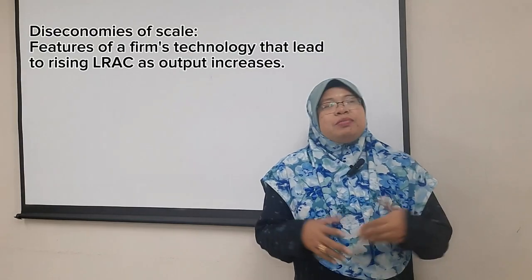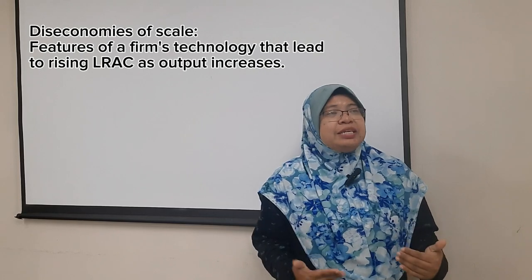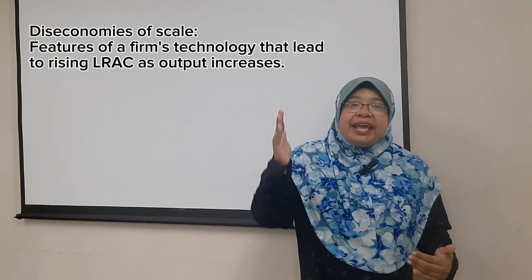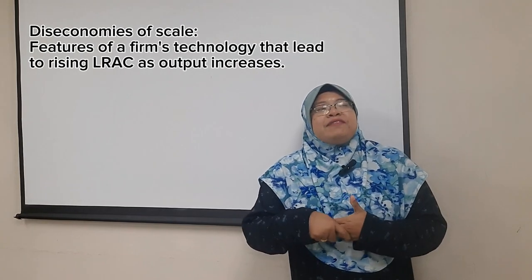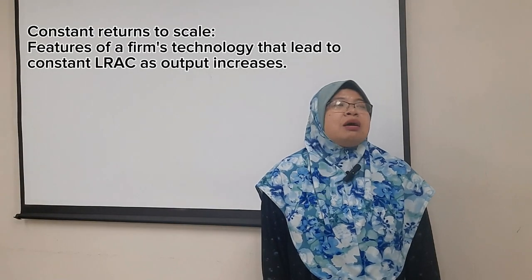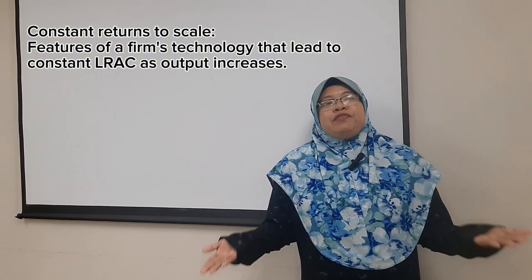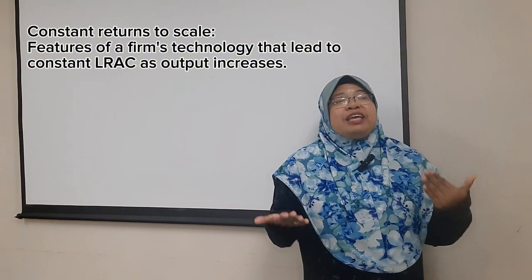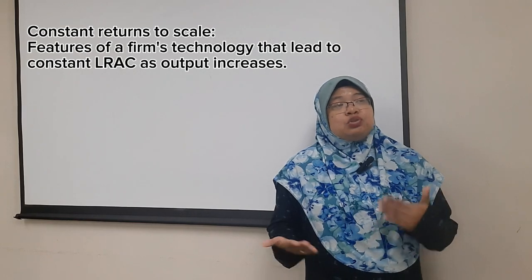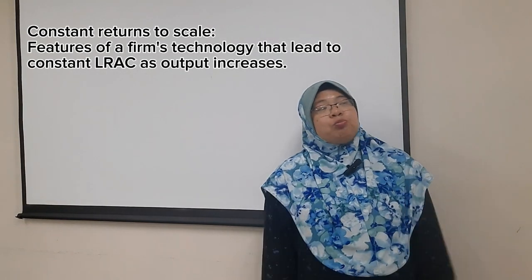And diseconomies of scale are features of a firm's technology that lead to rising long-run average cost as output increases. And also, we have constant returns to scale. It is a feature of a firm's technology that leads to constant long-run average cost as output increases.